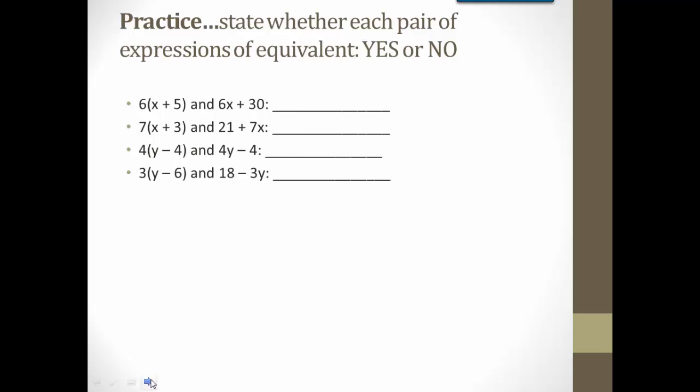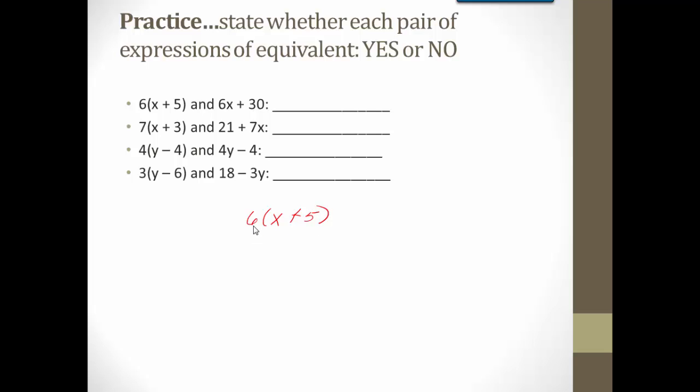Also, practice. State whether each pair of expressions is equivalent. You're going to answer yes or no. So we'll do the first one together. 6 multiplied by x plus 5.